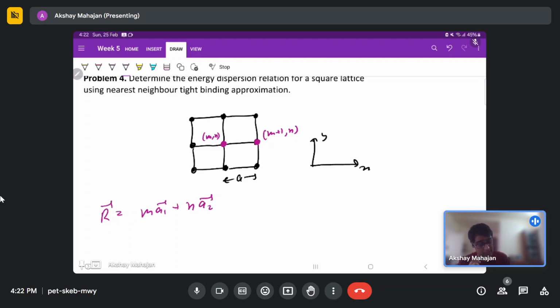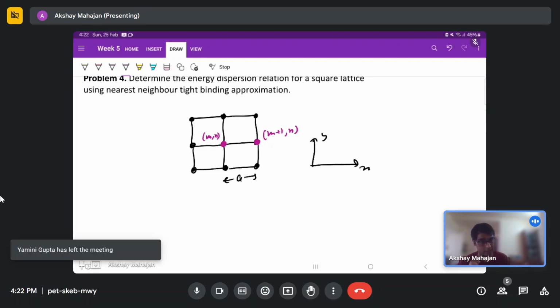So all the problems that we are going to solve in this session, we will solve in this sense: we will start with a particular lattice point, and then we will define other lattice points as integer multiples of the lattice parameter.